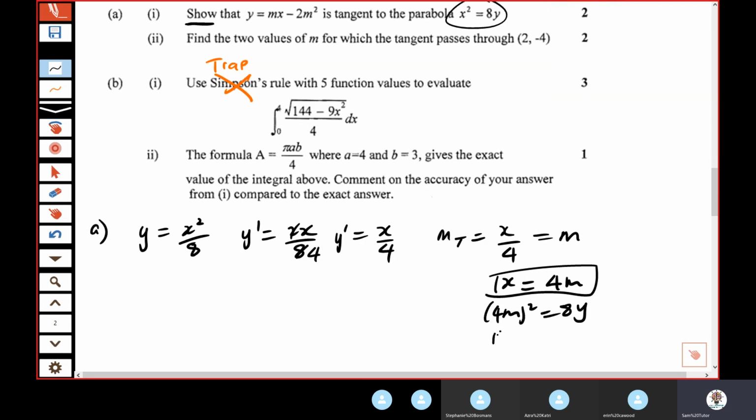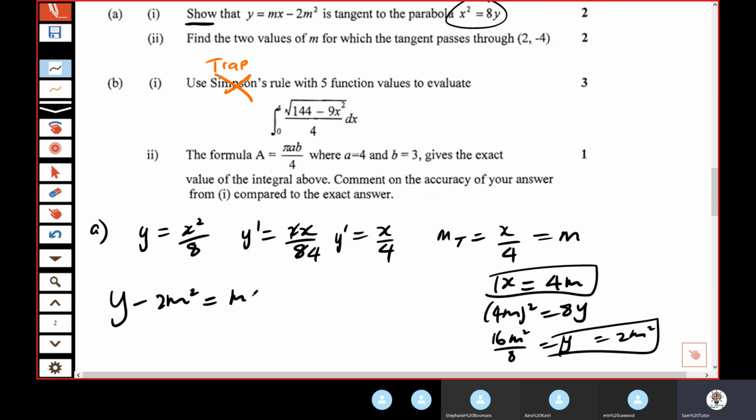That's 16m squared on 8 equals y, or in other words, 2m squared. We're still with me at this stage? So now I've worked out, for it to be tangential, it has to be y minus y1 equals m times x minus x1.